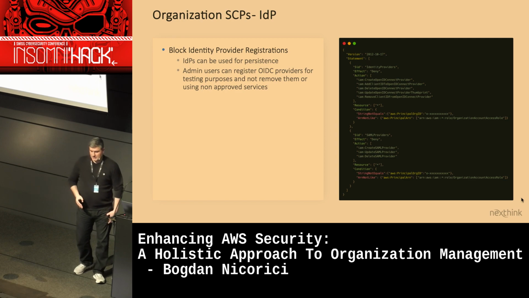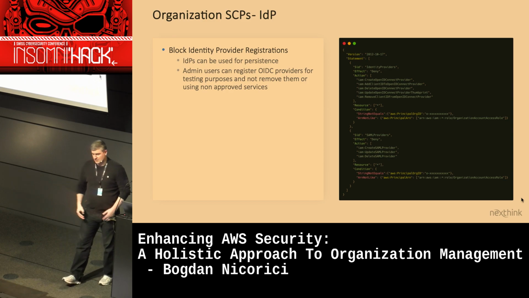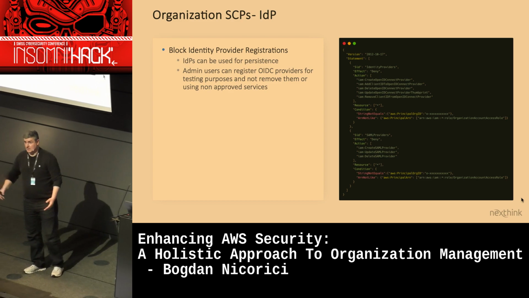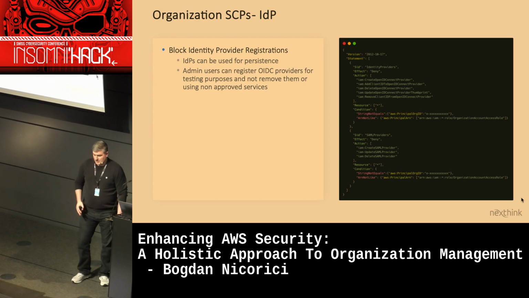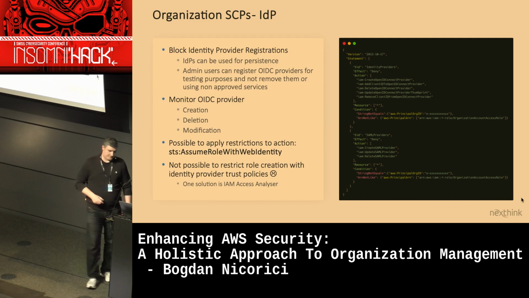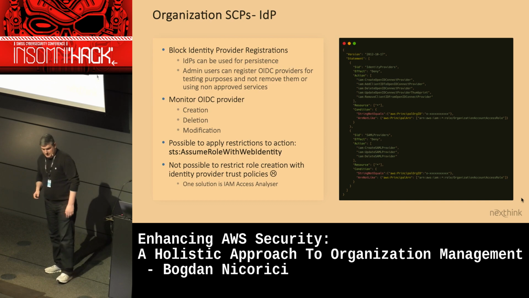It actually happened in a sandbox account where someone was doing some tests. He tried registering an identity provider because he wanted to test something and it didn't work, so he was surprised that it happened. And since we're also monitoring these actions, we reached out and asked him, even if it's a sandbox, we are not supposed to have identity providers.